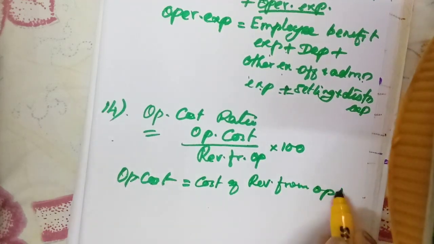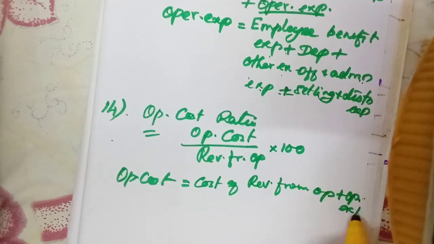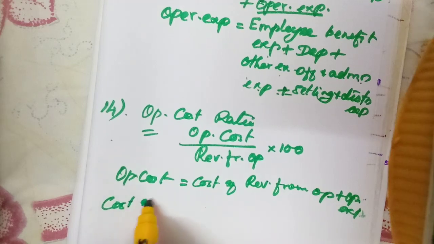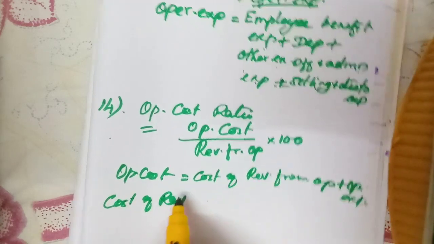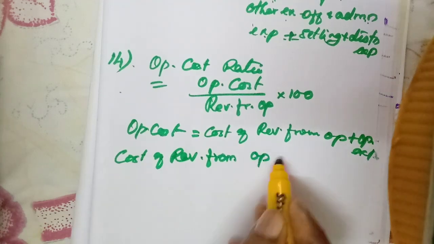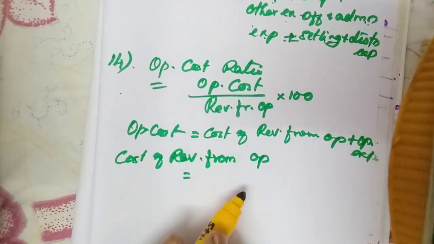plus operating expense, isn't it? First we need to calculate the cost of revenue from operation. Here that is not given, isn't it? So we need to calculate what the cost of revenue from operation is.